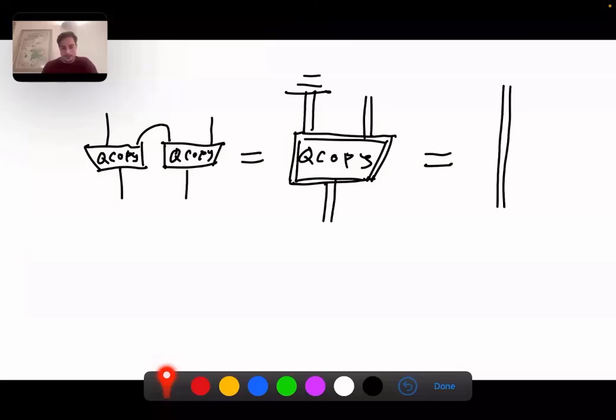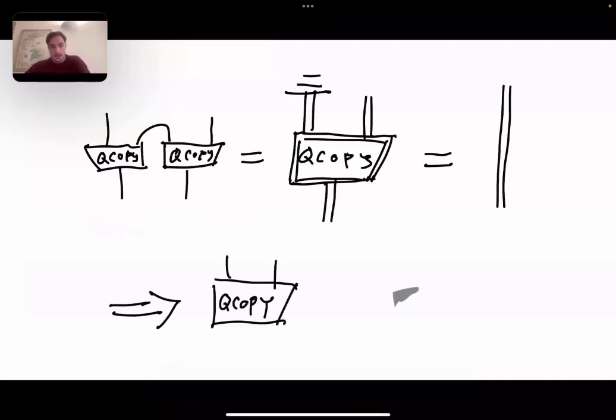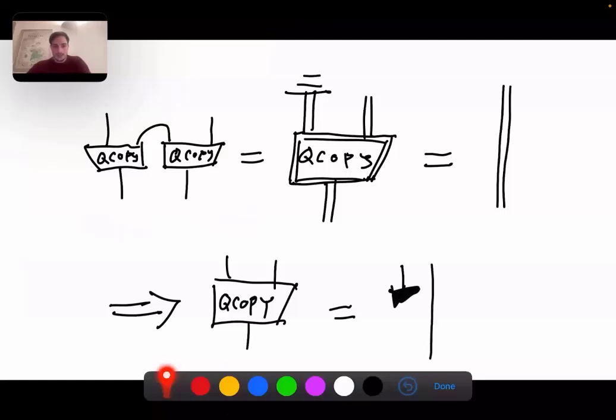If you expand this quantum definition of the Q copy, this is how it looks in terms of just single wires. And from the previous derivations, this implies that this quantum copy is actually already disconnected, right?